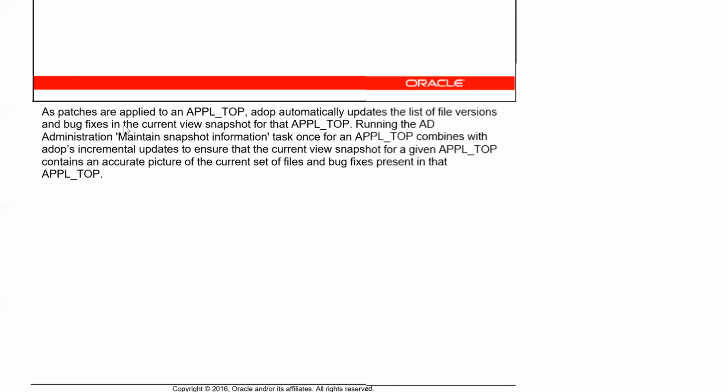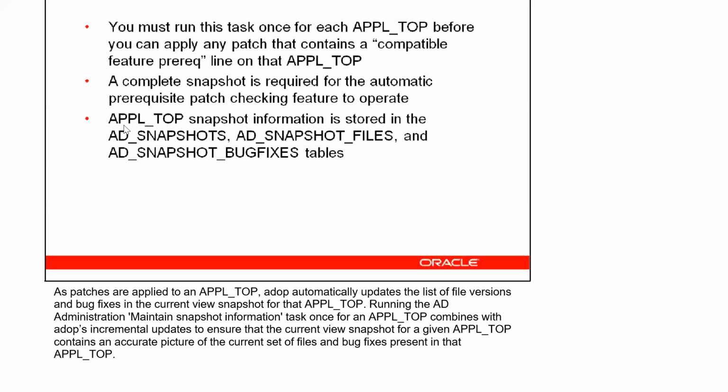These are the three tables. If you have seen, after applying the patch at the end, it tells you that it's updating the snapshot. So every time you apply patches, these three tables get updated.